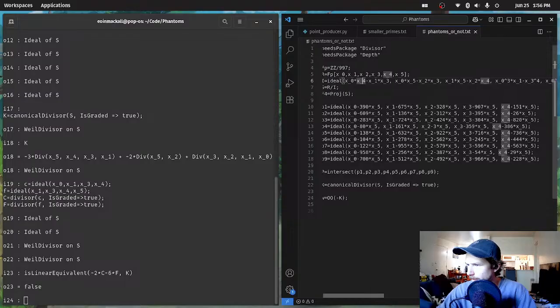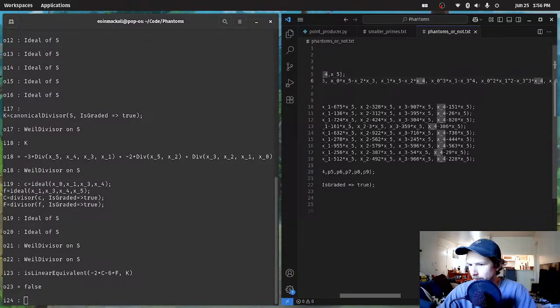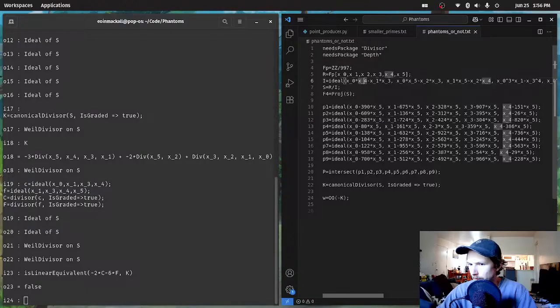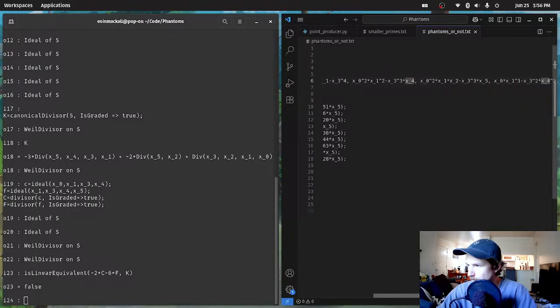And kind of what that tells me is that my equations are not totally correct.